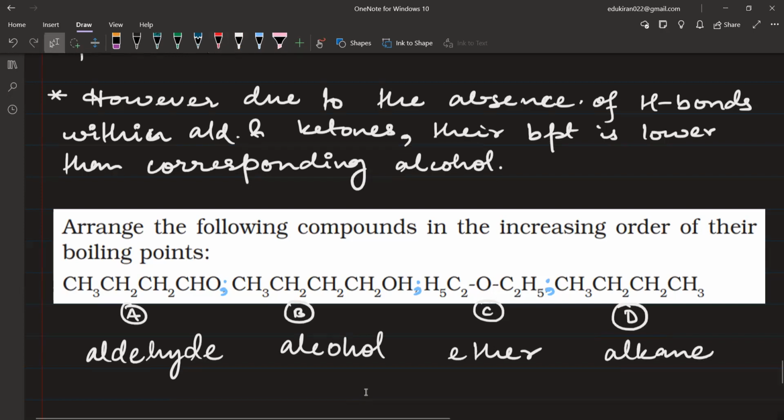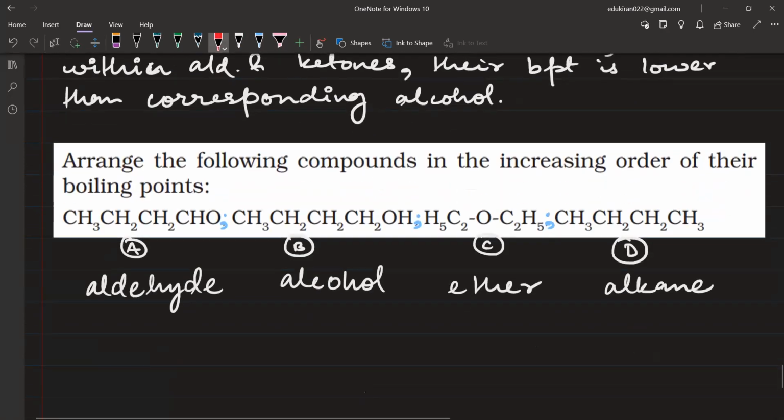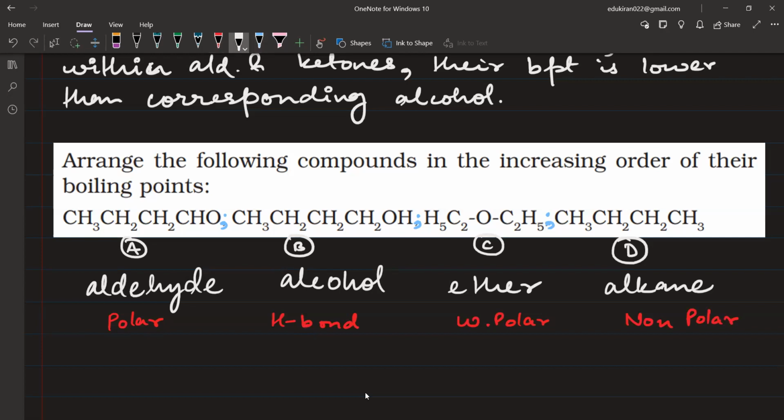Now tell me, what type of interaction is there between aldehydes? Aldehydes are polar in nature. In alcohols there is hydrogen bonding. Ether is weakly polar, alkane is non-polar.